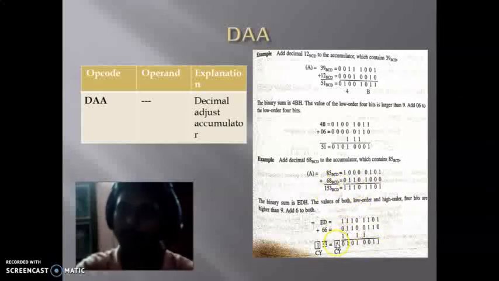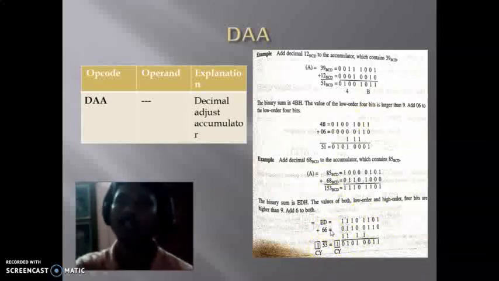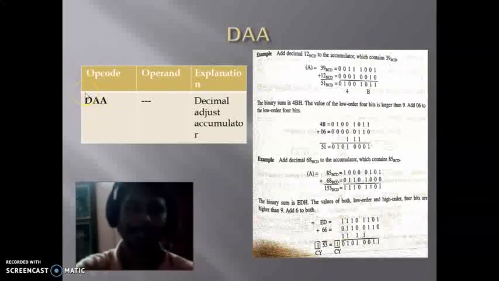After that, we will get the BCD decimal adjust result, that is 53, and it has a carry. So this is a way by which the decimal can be adjusted, and the instruction we are using is DAA, and DAA is basically a 1 byte instruction.